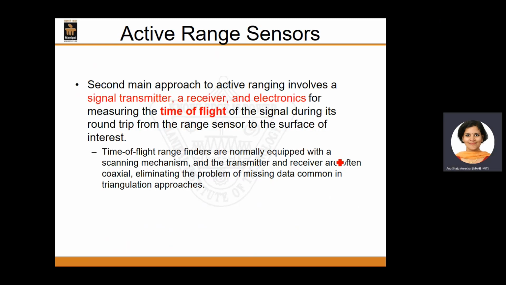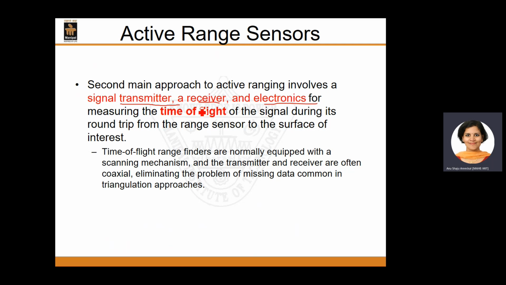So there are other types of range sensors also, which help to overcome the limitations of the triangulation based sensors. And the second approach that we're going to see involves the use of a transmitter, a receiver, and some hardware. Basically you have a transmitter at one point and a receiver at the other point, right?